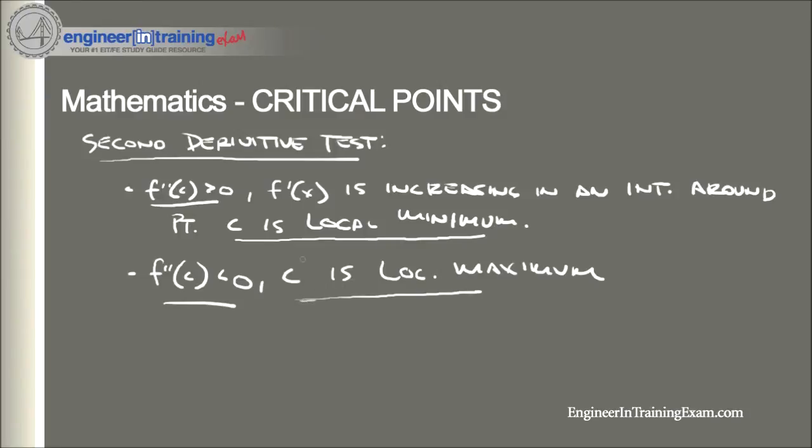So let's take a quick look at how we could use this second derivative test to determine whether a critical point is a local minimum or a local maximum. So let's find the local characteristics of f of x is equal to x to the 5th minus 5x.